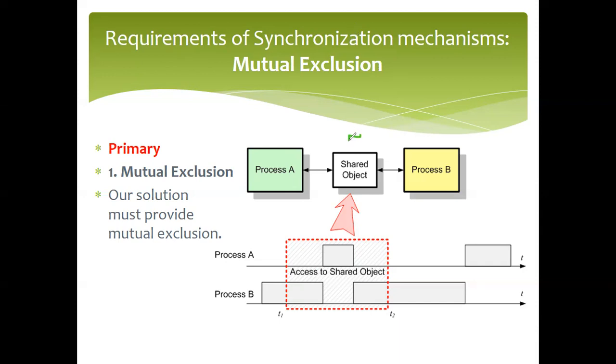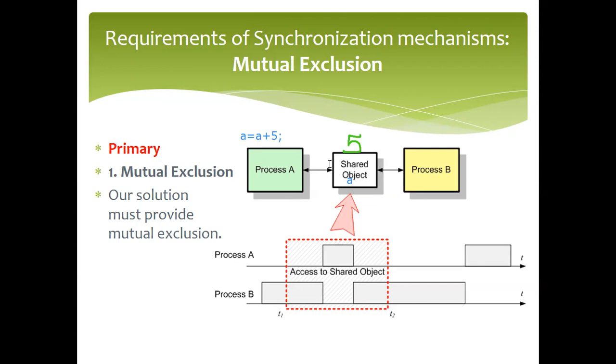Let's say this shared object has 5 as its value, and let's call the shared object A. Process A, for example, says A is A plus 5, a kind of critical section.